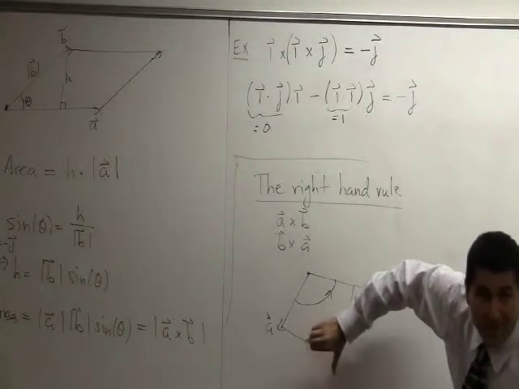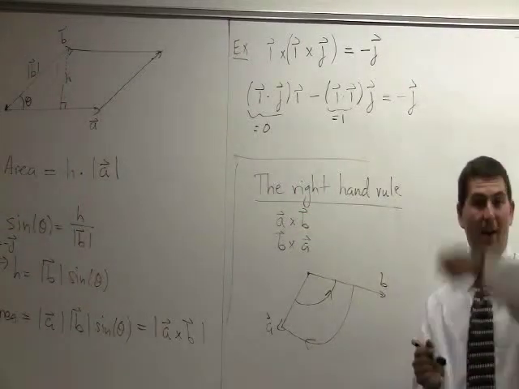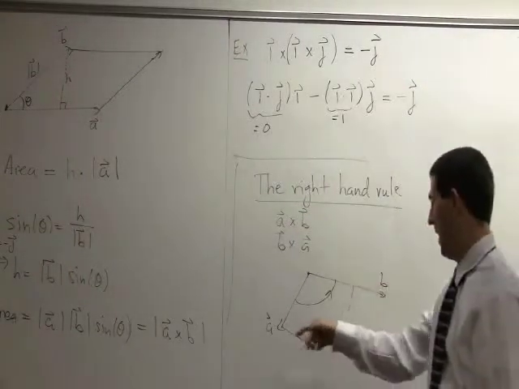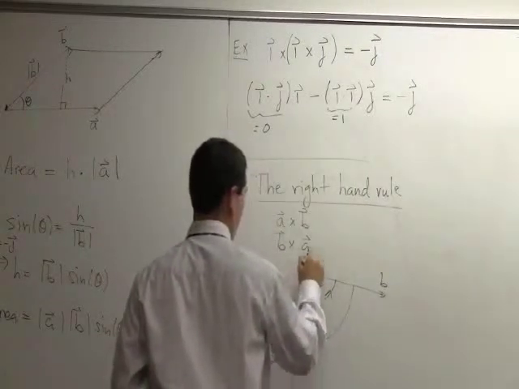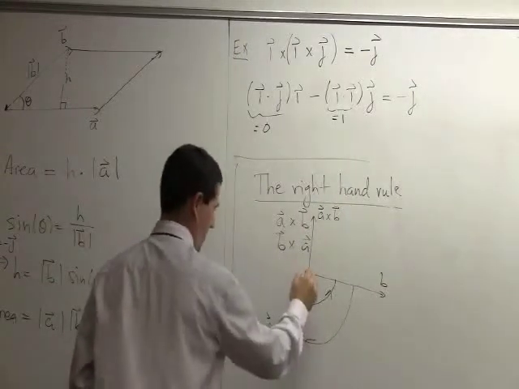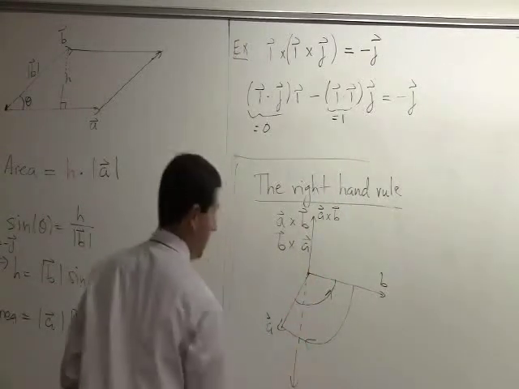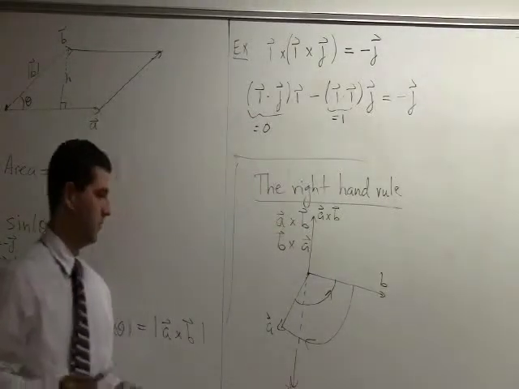So it's going down. And of course, that's what should happen, right? If you switch the order, it negates the vector. So if you're going backwards, then the vector has to go down. So for A cross B, it goes up. And for B cross A, it goes down.